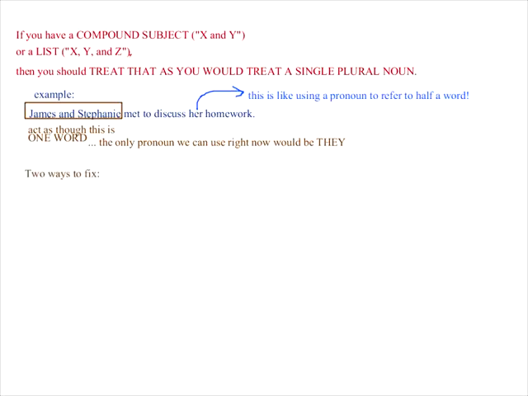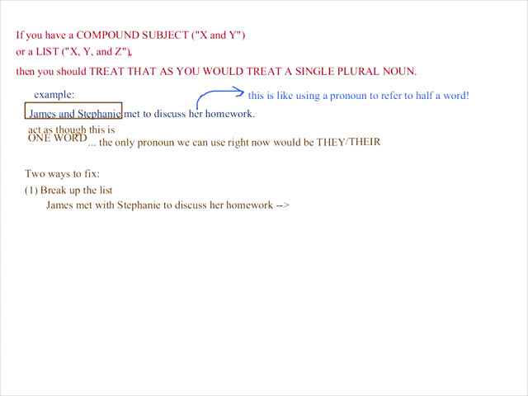The first way to do it is to break up the list. So you could say something like, James met with Stephanie to discuss her homework. This is okay. Yeah, I mean, I'm not saying we can use it in this context.